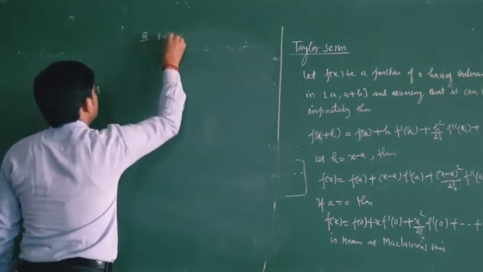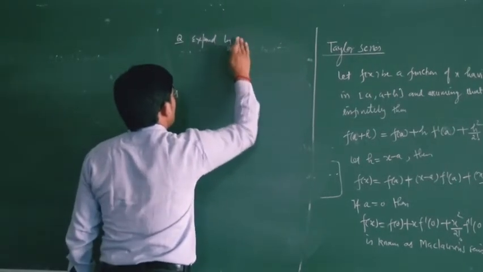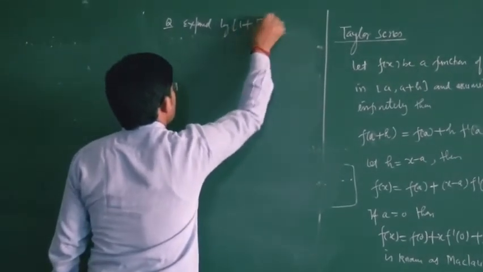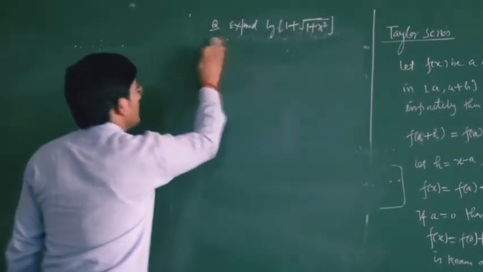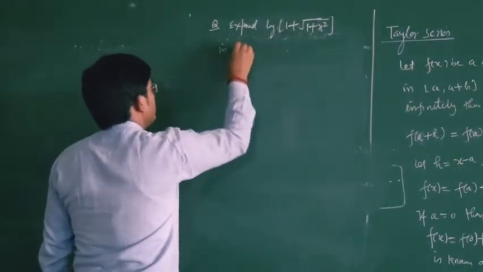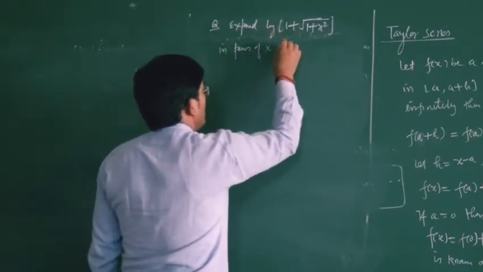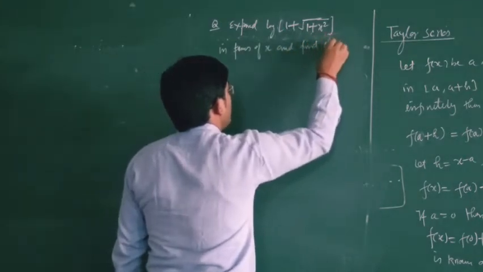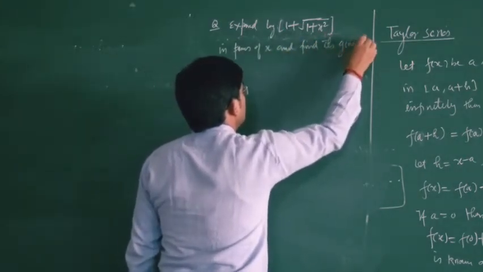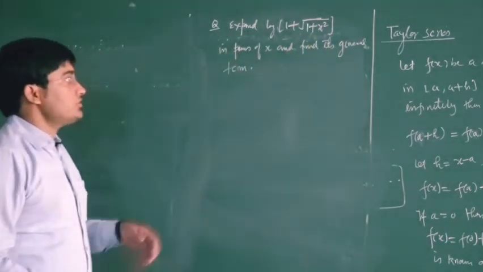Expand log 1 plus under 1 plus x square in powers of x and find its general term. And we have to find out its general term.